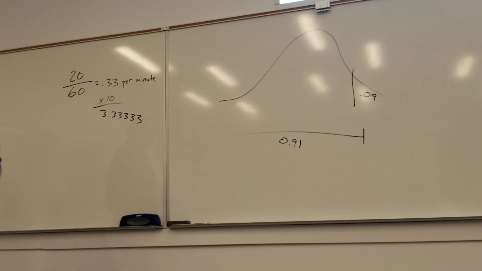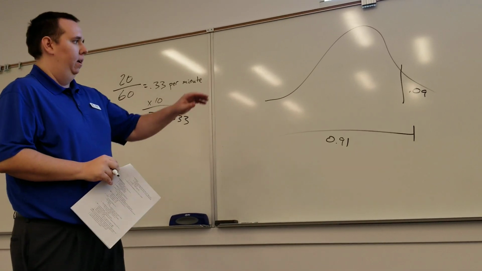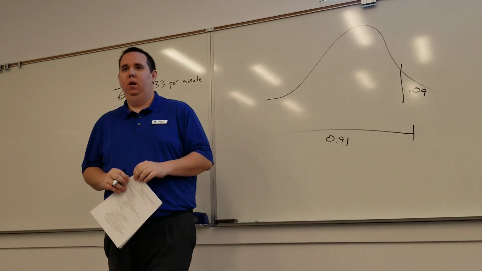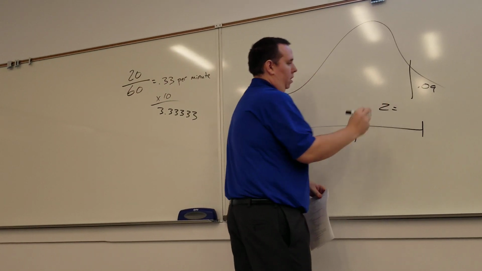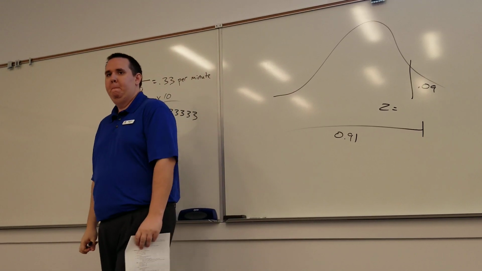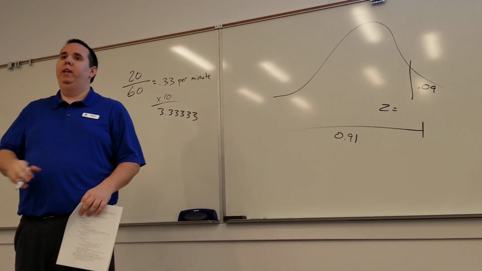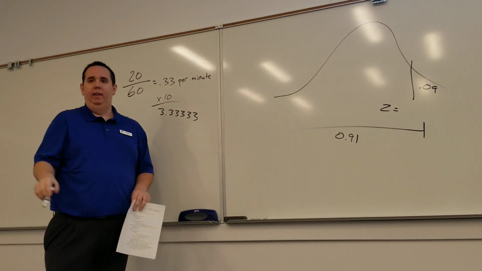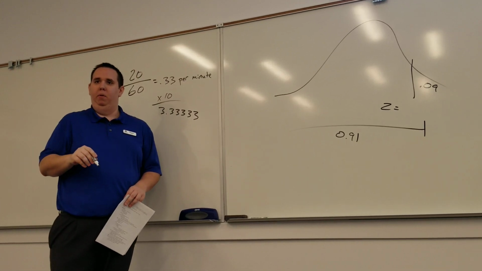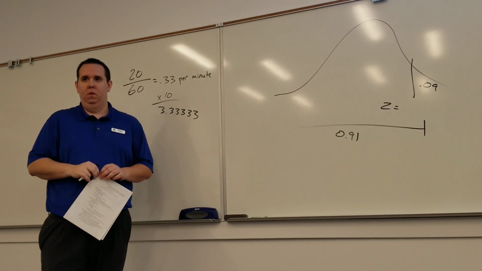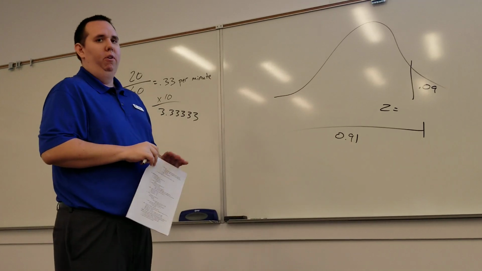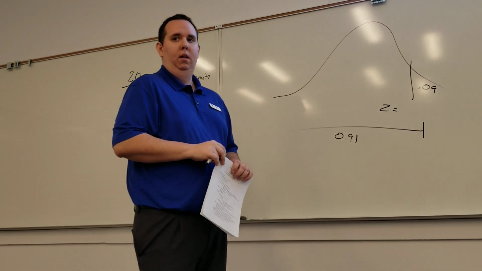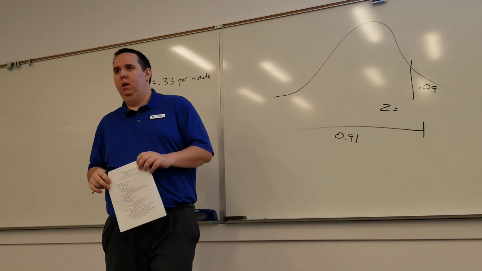So how do we find that z-score? We're looking up 0.91 inside the table, inside your z table. So we're looking for an area that is 0.91.